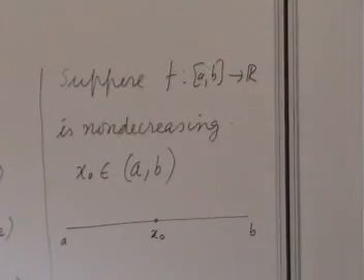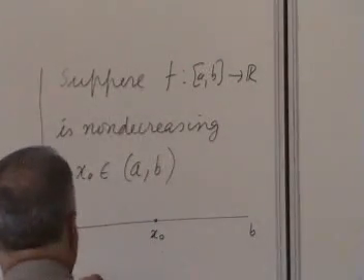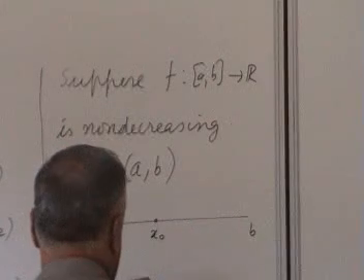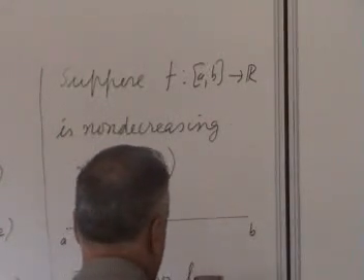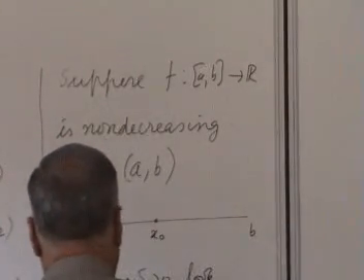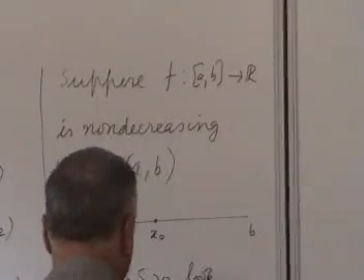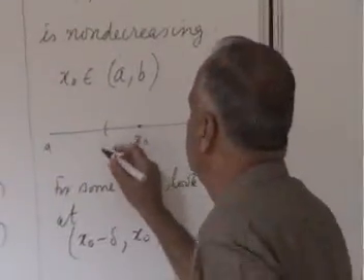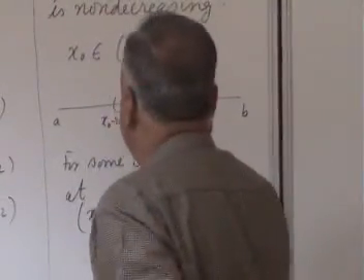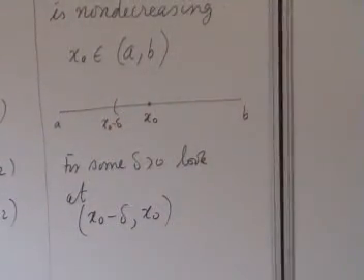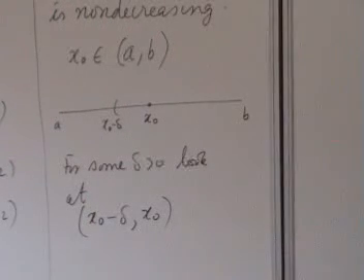Now let's take some delta positive, and look at the interval x naught minus delta to x naught.